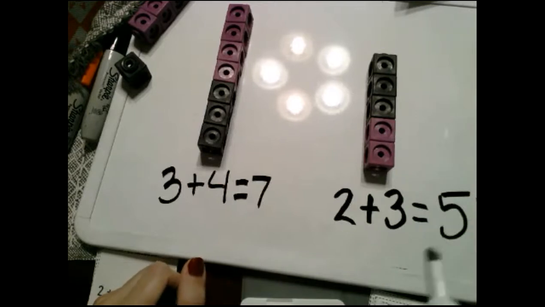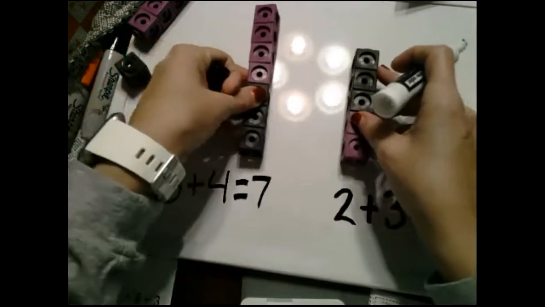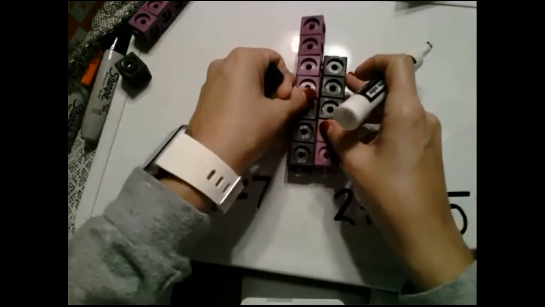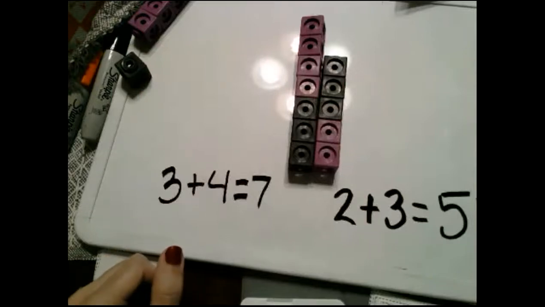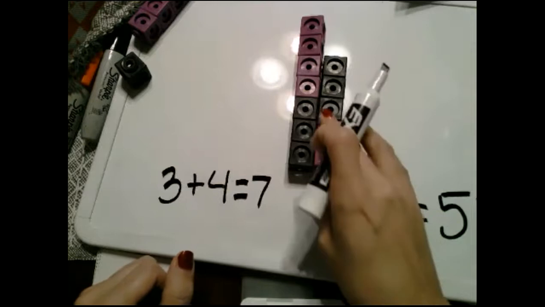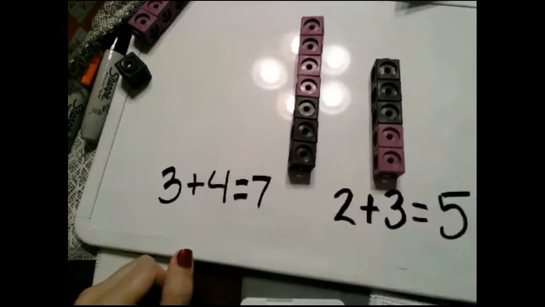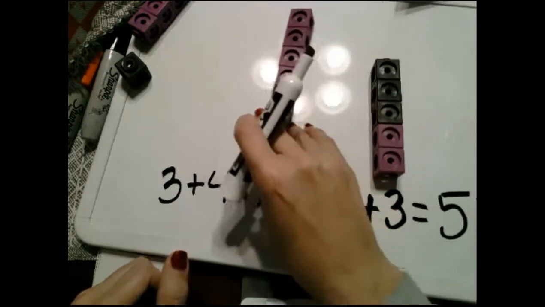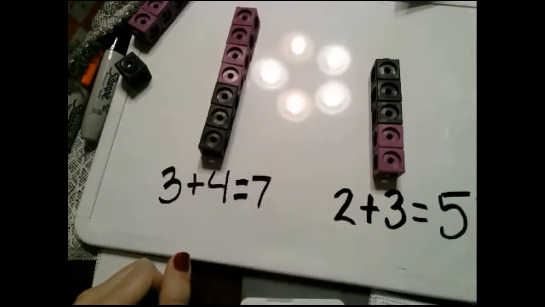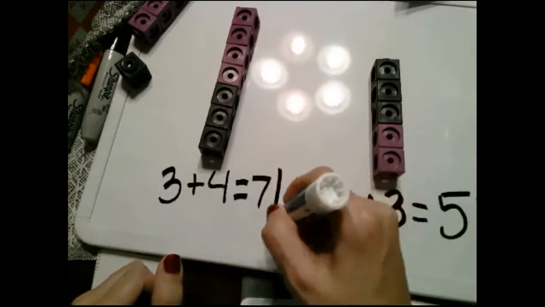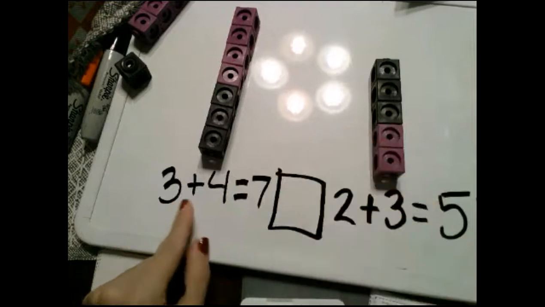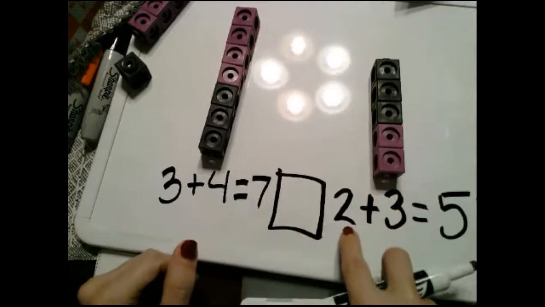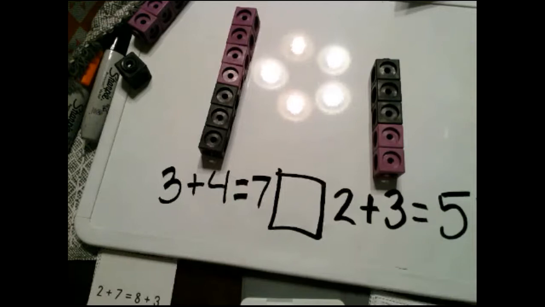So my question was, do they have the same amount of cubes? Well, I can look at my cubes together and I can see that they do not have the same amount of cubes. This one has 5 and this one has 7. So would you say that 3 plus 4 is equal to 2 plus 3?